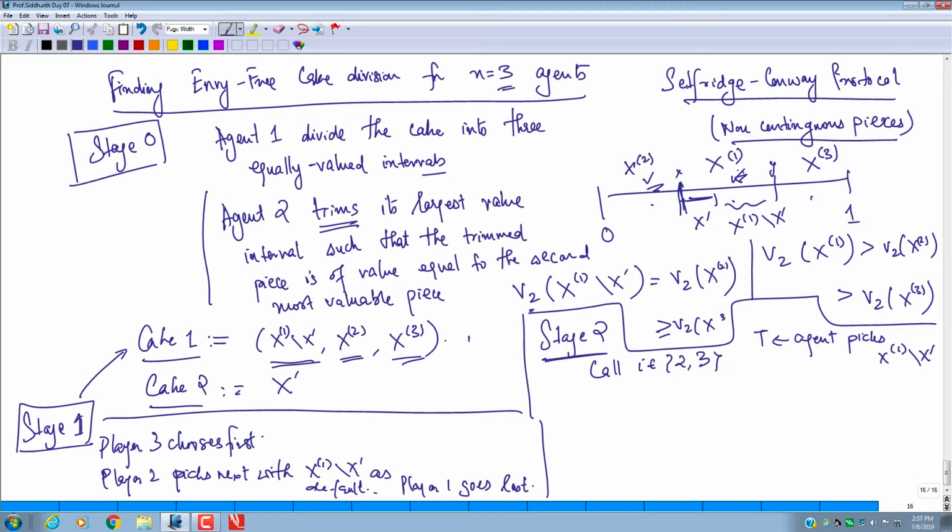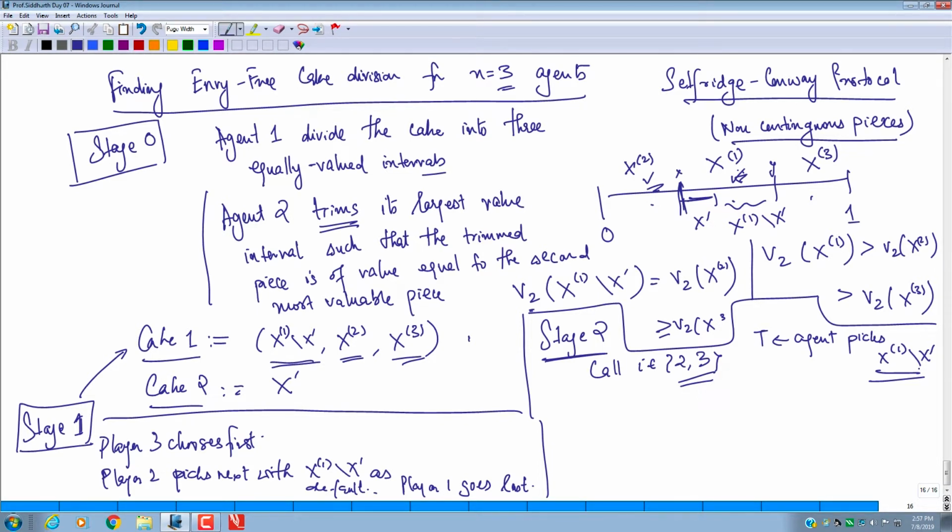Let's circle back and note that one of these two will, by design, pick this trimmed piece. Whoever picks it, I'll call this person T. Why am I doing this? This T can go before agent 1 without ever causing any envy.